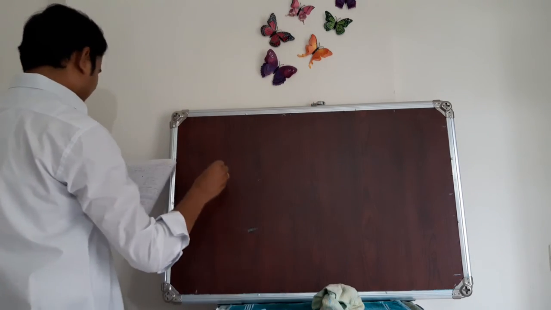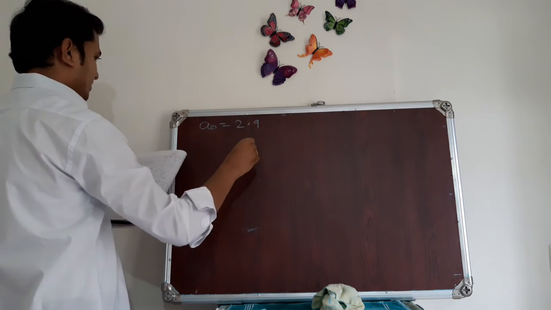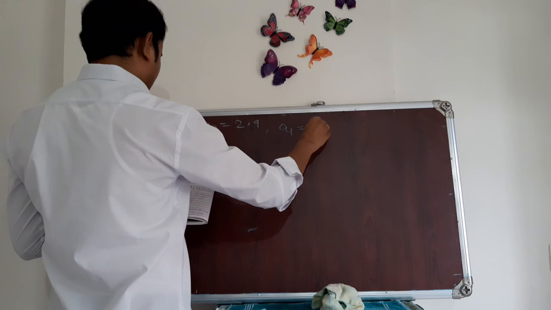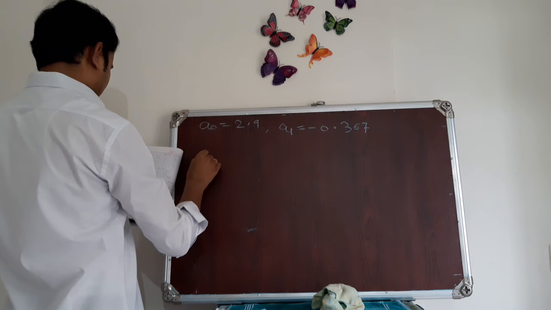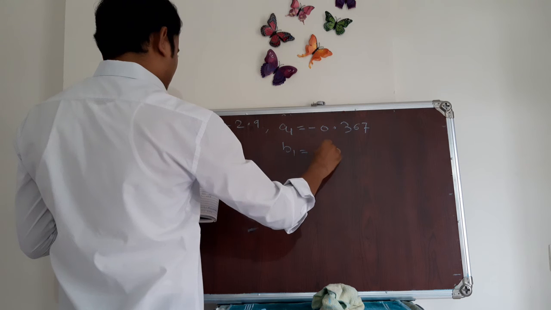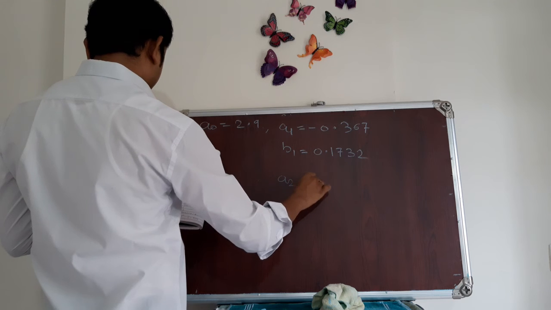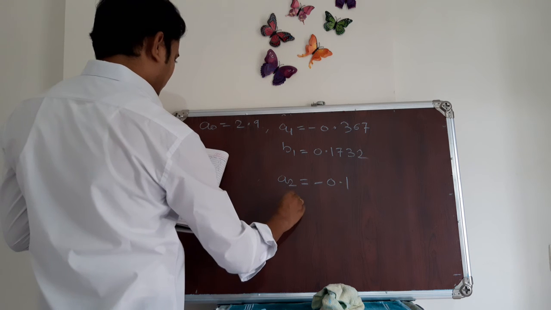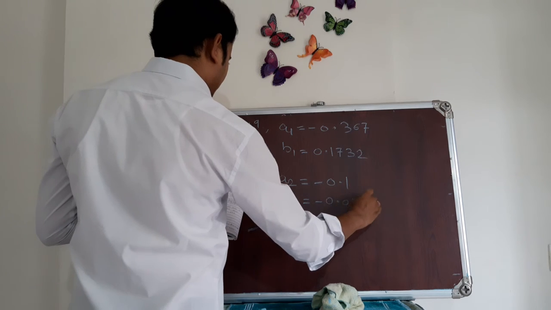If you calculate it, you will get a0 is equal to 2.9, then a1 is minus 0.367, b1 is 0.1732, a2 is minus 0.1 and b2 is minus 0.0577.